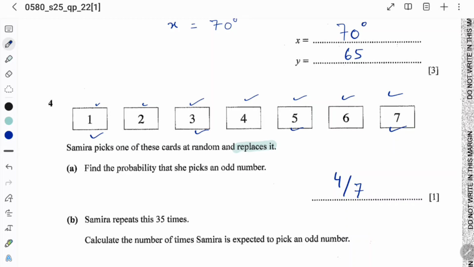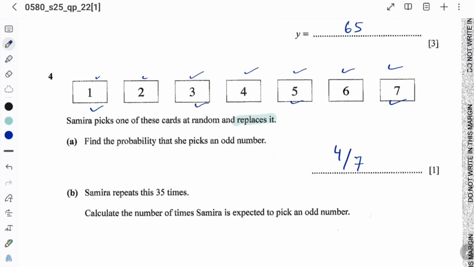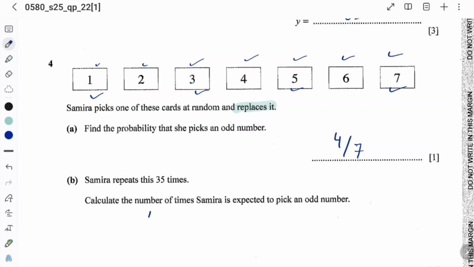Now in the next part, Samira repeats this 35 times. Calculate the number of times Samira is expected to pick an odd number. Picking an odd number once is 4 over 7, and it's 35 times, so we multiply by 35.